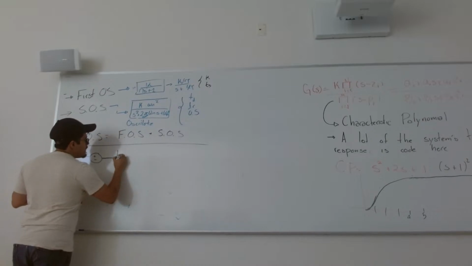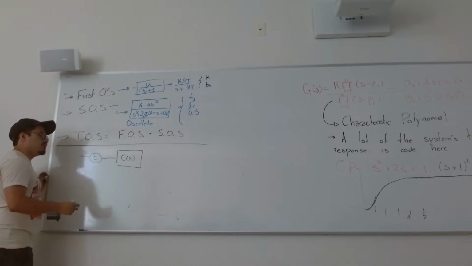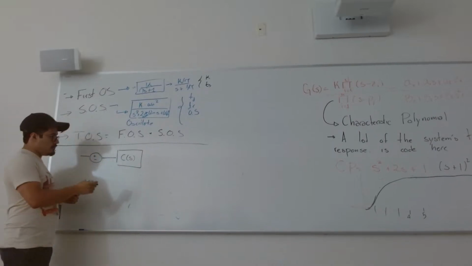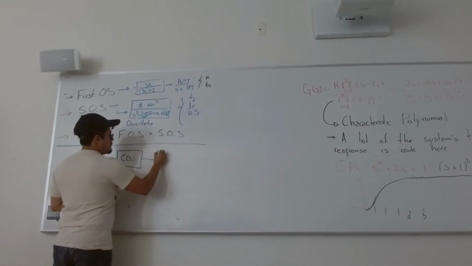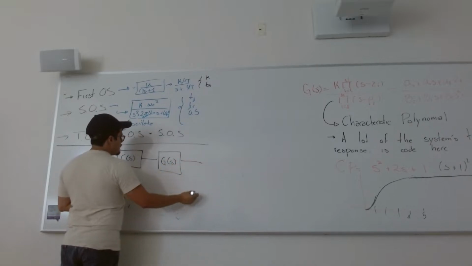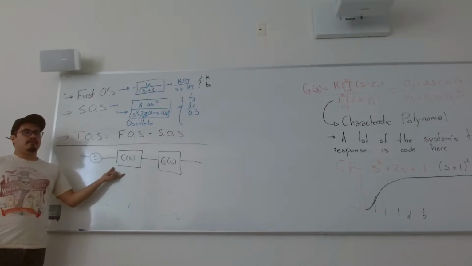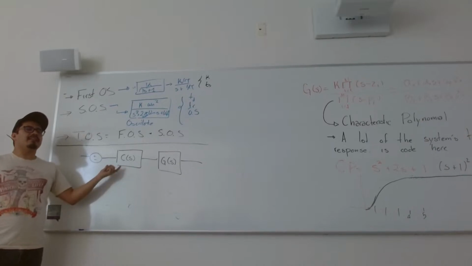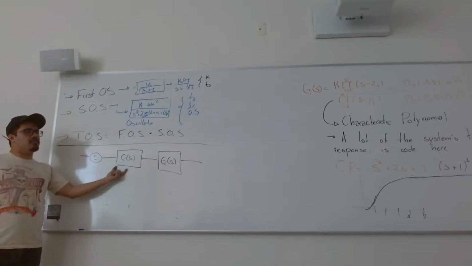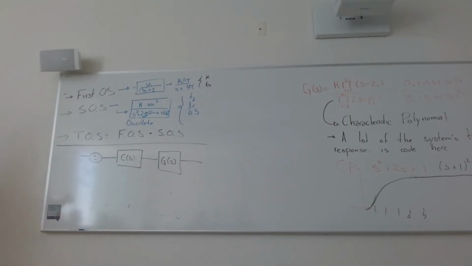So the idea is I'm going to introduce something called the controller, okay, compensator, whatever, to modify the plant behavior. And if you add another zero or another pole, you will be changing the characteristic polynomial. If you add poles, you change the characteristic polynomial.